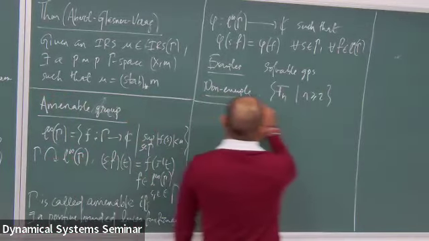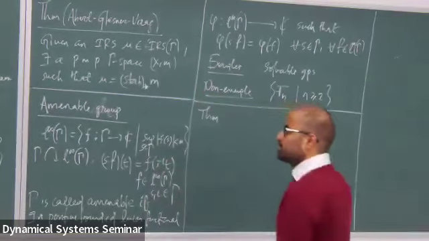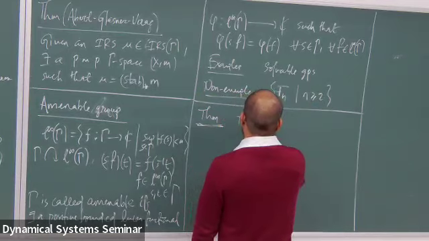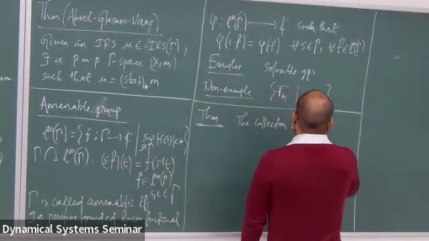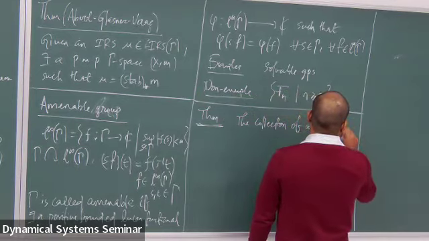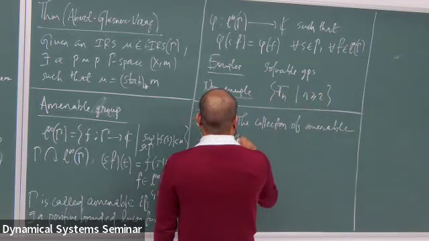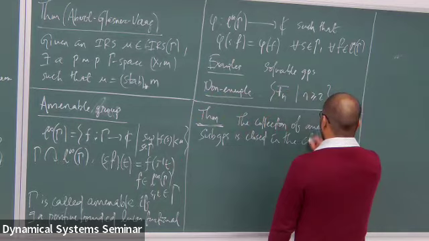So this is of course a well-known theorem which says that the collection of amenable subgroups is closed in the Chabauty topology.